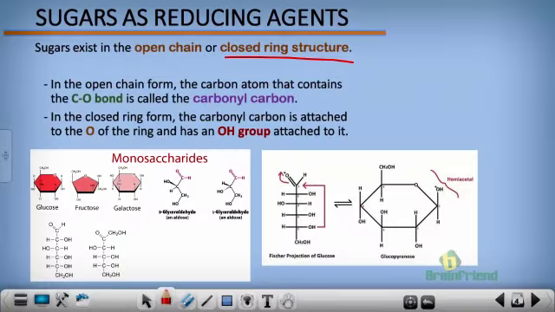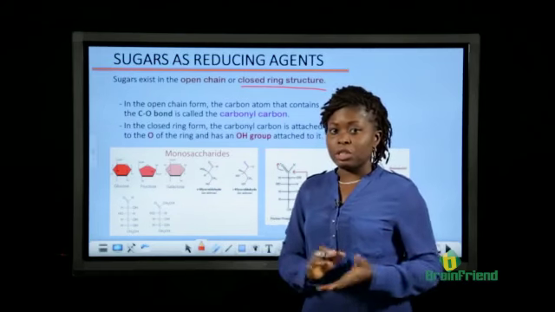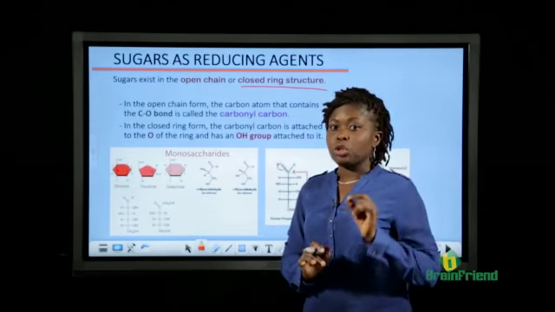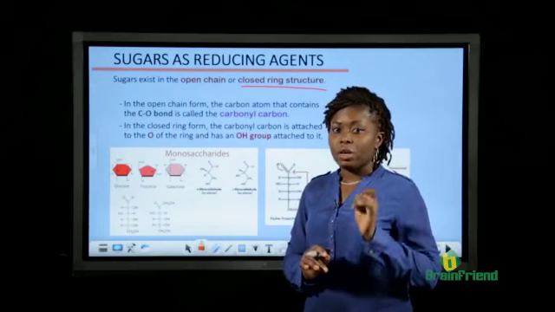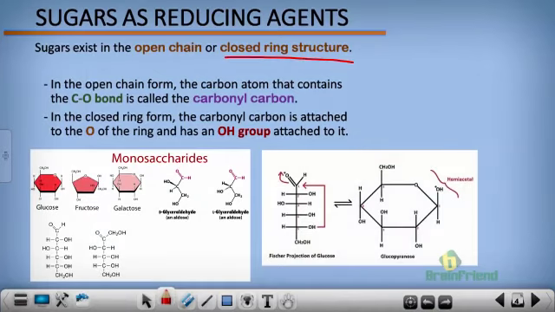Now, in the open chain form, there is something we call carbonyl carbon. For you to be able to understand reducing sugars, it's important you should be able to identify what carbonyl carbons are. In the open chain form, the carbonyl carbon is a carbon atom that contains the C to O bond.